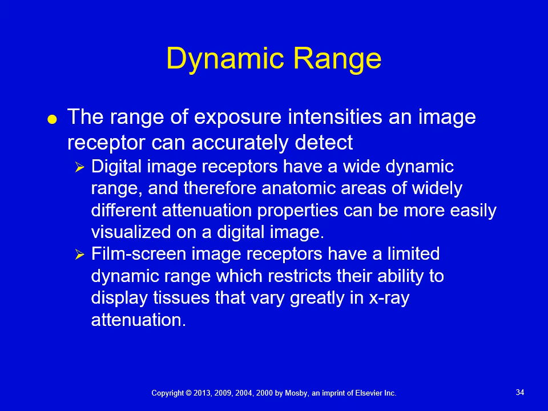With film screen, what you see is what you got. So in the film screen world we had a narrow range, meaning you either had a good film or you had a bad film. An overexposure or underexposure was a bad film. Overexposure, underexposure is definitely a repeat.